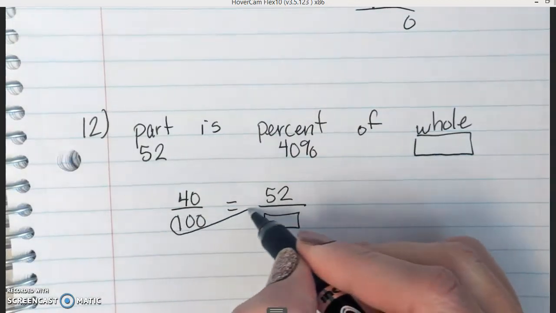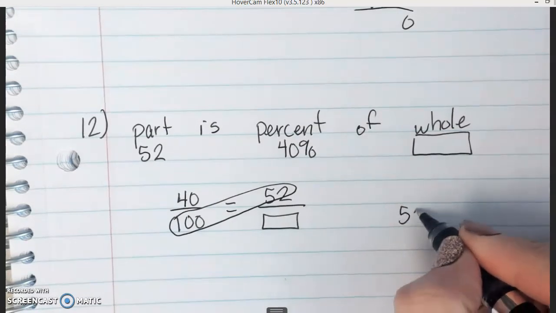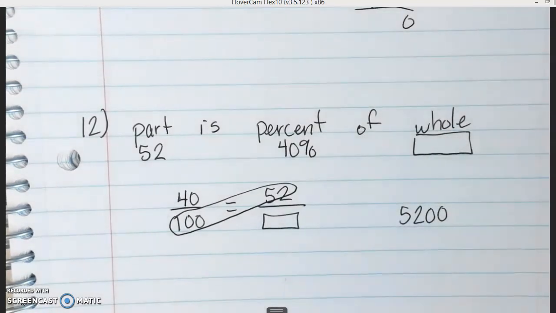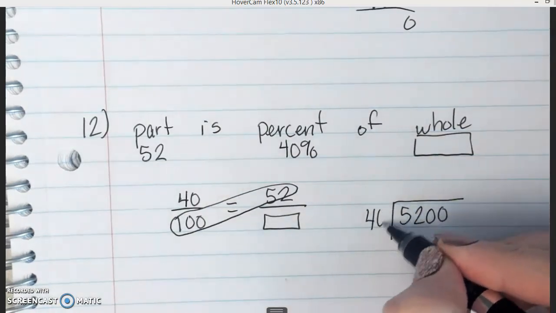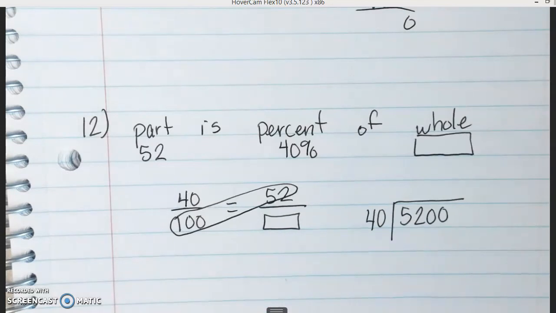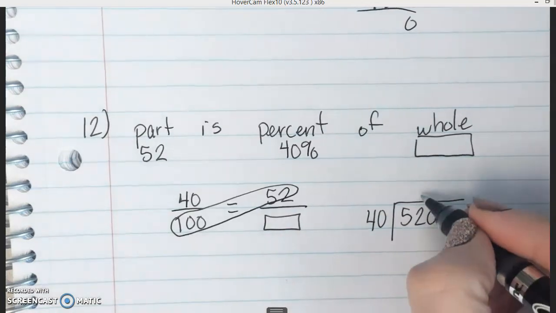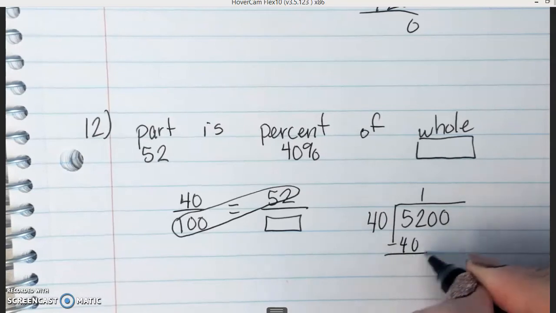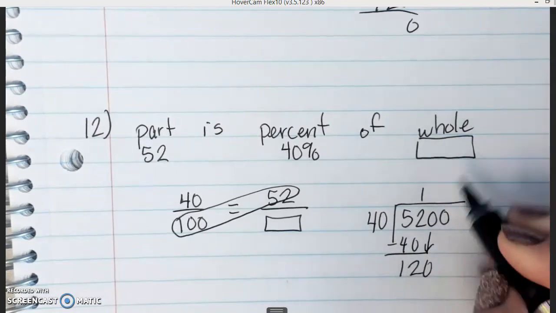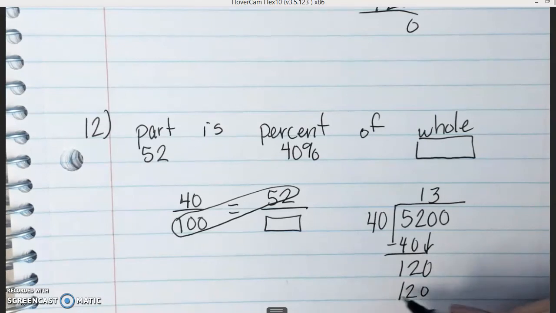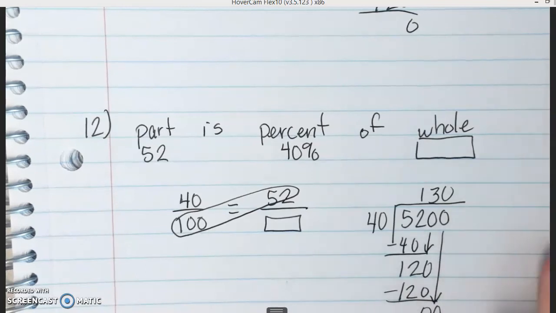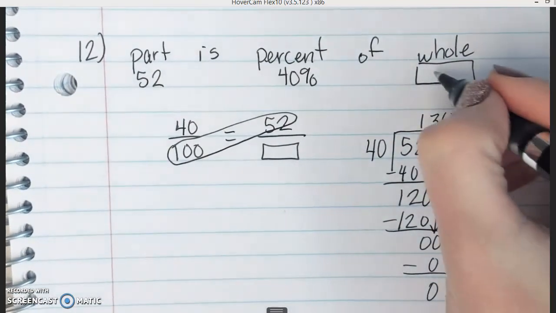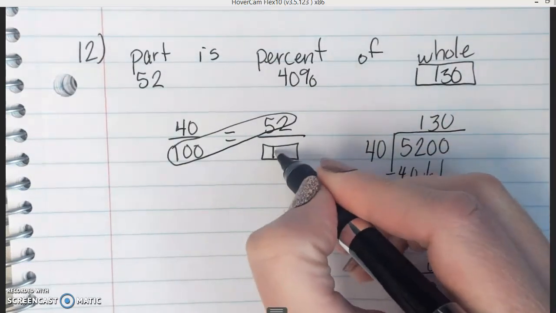So we're going to multiply 100 times 52 to get 5,200, and then we're going to divide by 40. Alright, so when I divide that out, I get 130 for my whole.